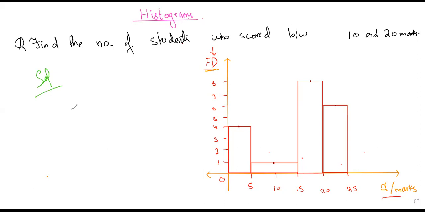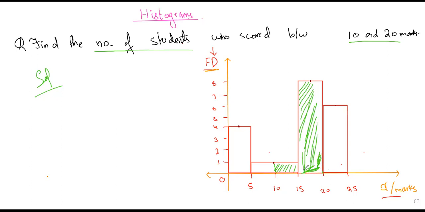The solution is going to be this. In order to find the number of students, the number of things that would depend from case to case. Okay. You need to find the area of the bars between these two, this and this. So you need to find this area. Now these bars are nothing but two rectangles.